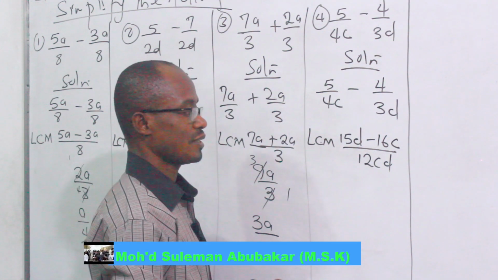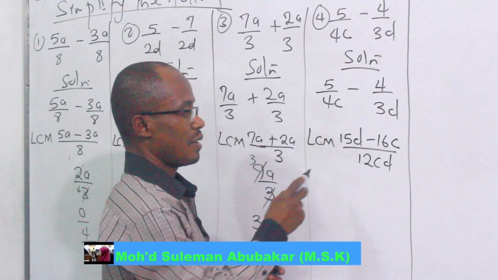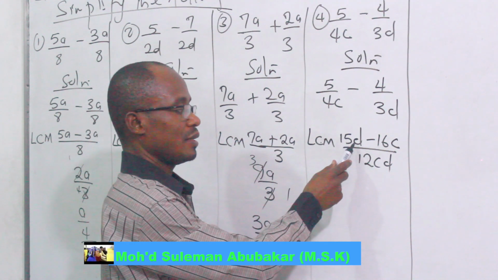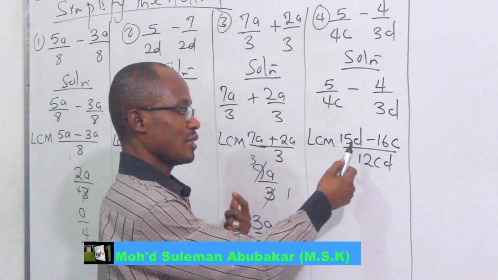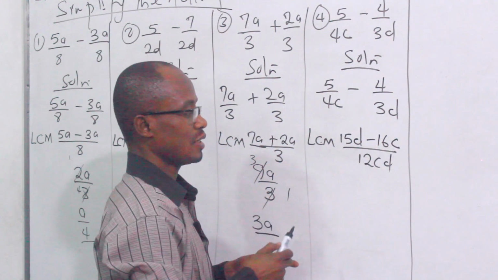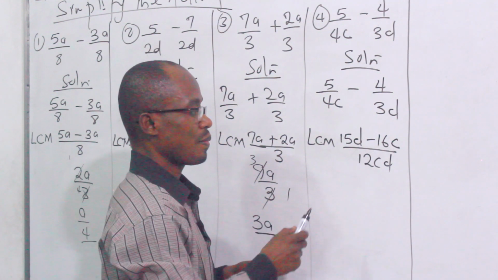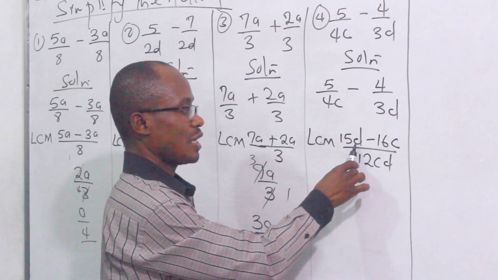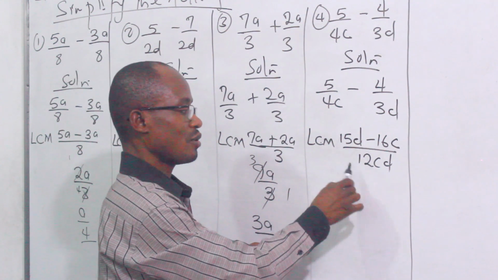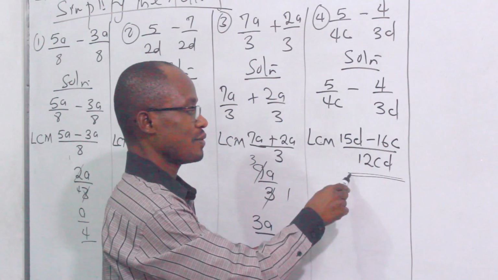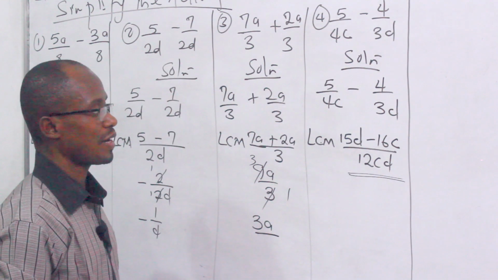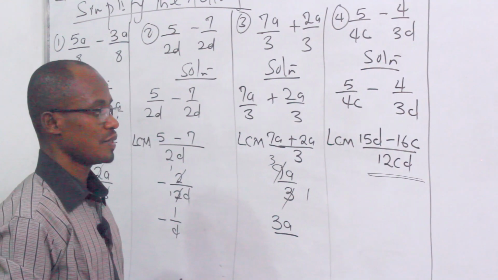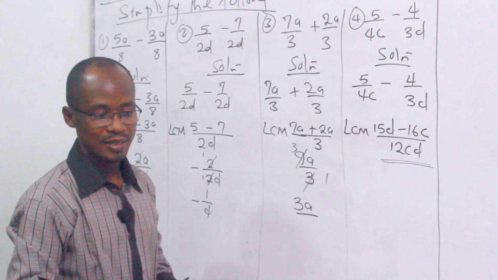So the problem with this is the numerator consists of dissimilar terms, d and c. And there is no common term to factor out. So at the end of the day, the final result remains 15d minus 16c, all divided by 12cd. Let's take a break.